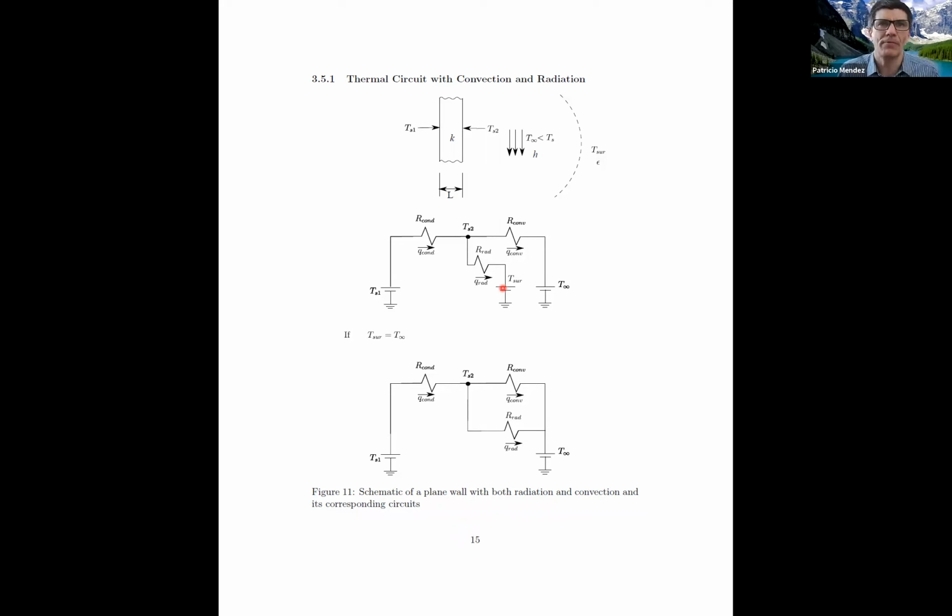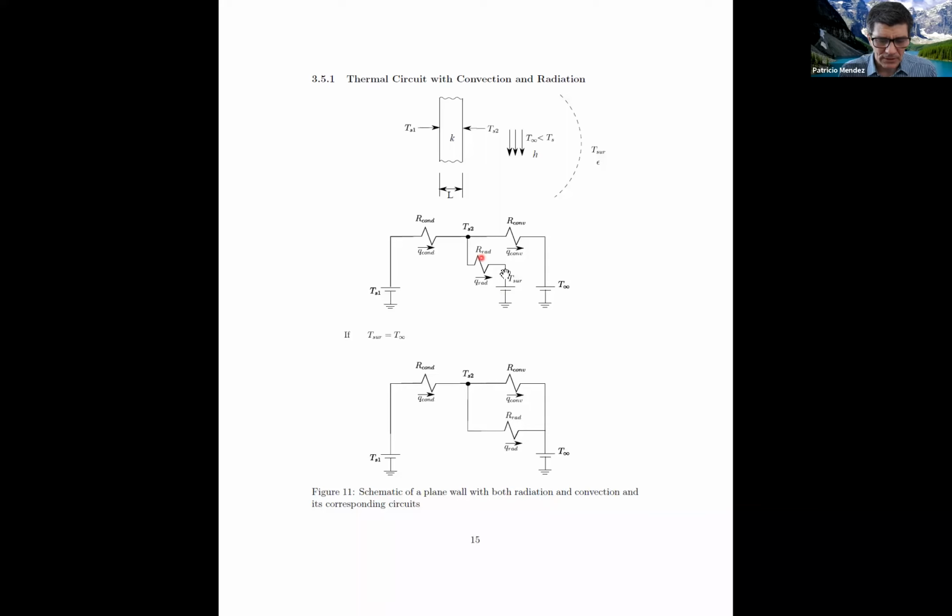I can stop convection, I can have a vacuum, and I will have no convection. But guess what? I have radiation. That's the case of the thermos. The high class thermos, they pull a vacuum, so they do away with convection. So they only have radiation, and then they paint it with a chrome finish, so the emissivity coefficient is super small.